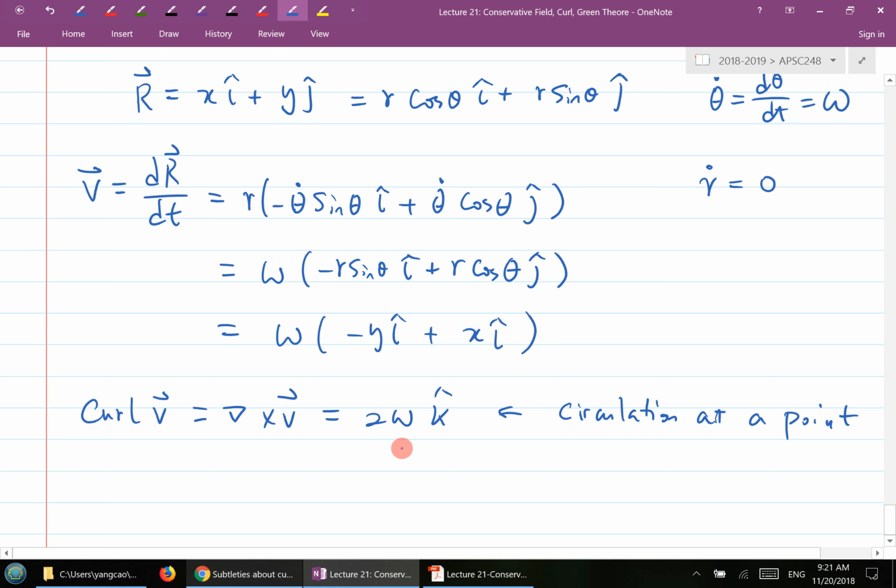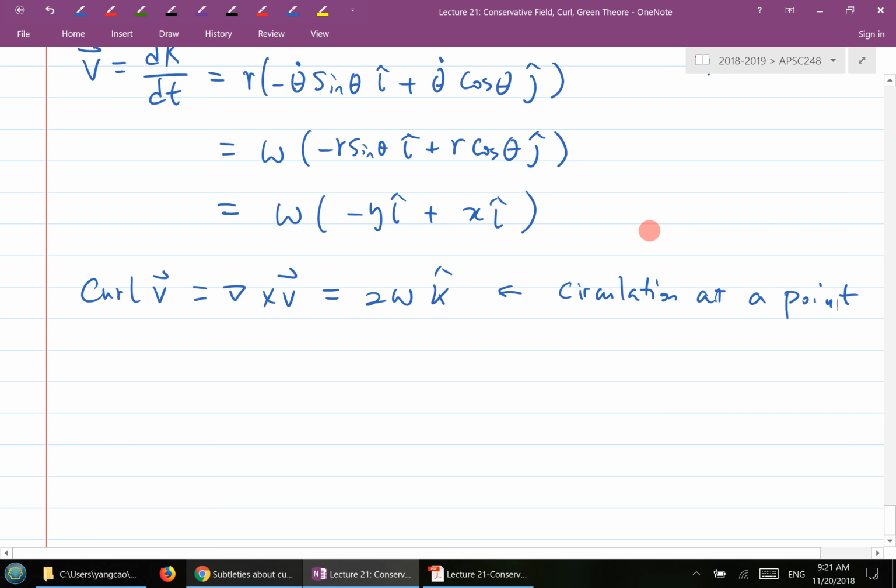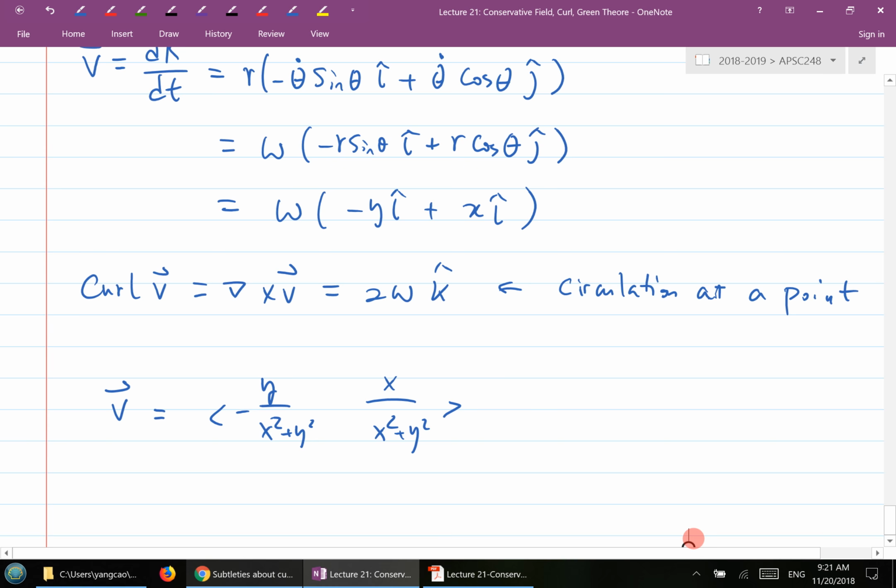What's interesting is, let me quickly demonstrate this. Here's a different vector field, and you can calculate the cross product, or the curl, of this vector field. It turned out to be 0, aside from the 0, 0 point.